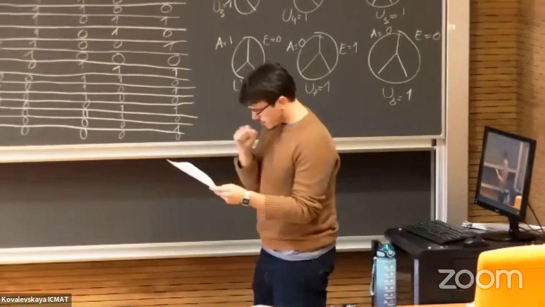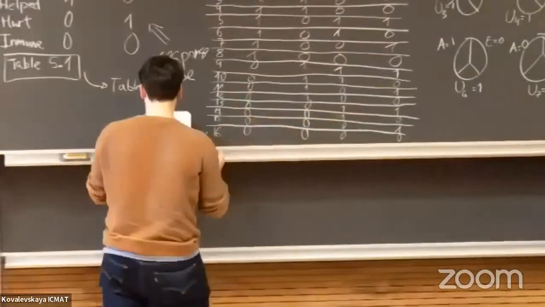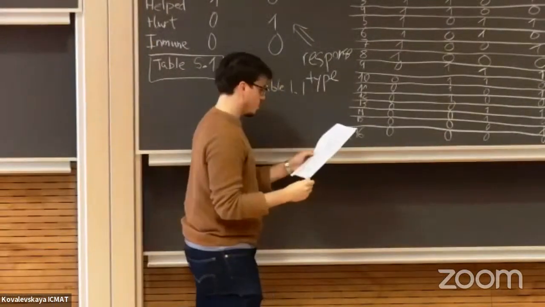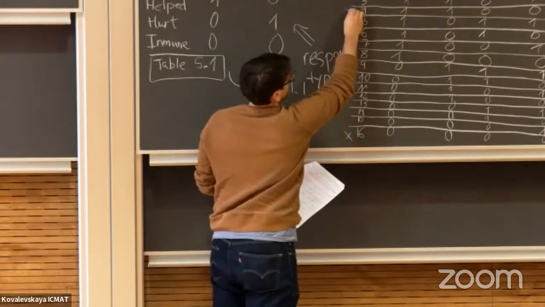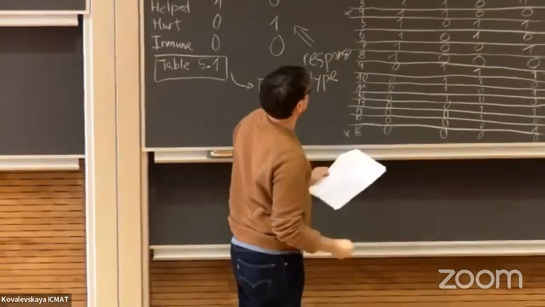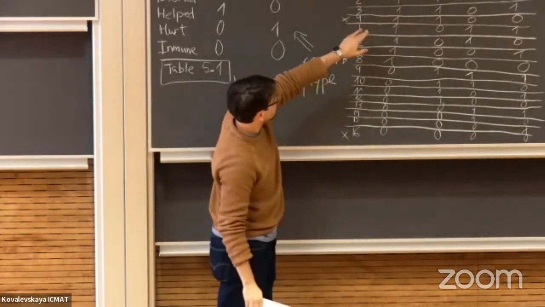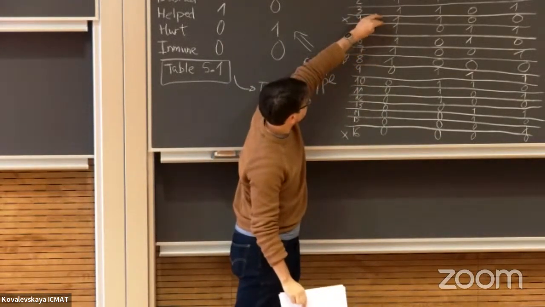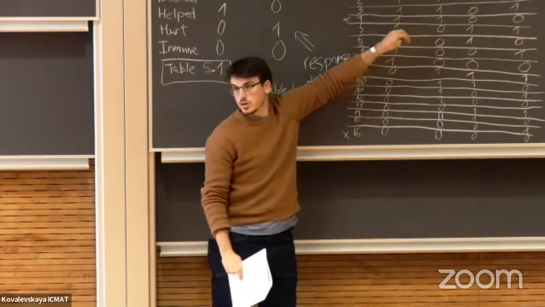Then there are also other types that are quite interesting. For example, type 4: this person will die if he takes vitamins.